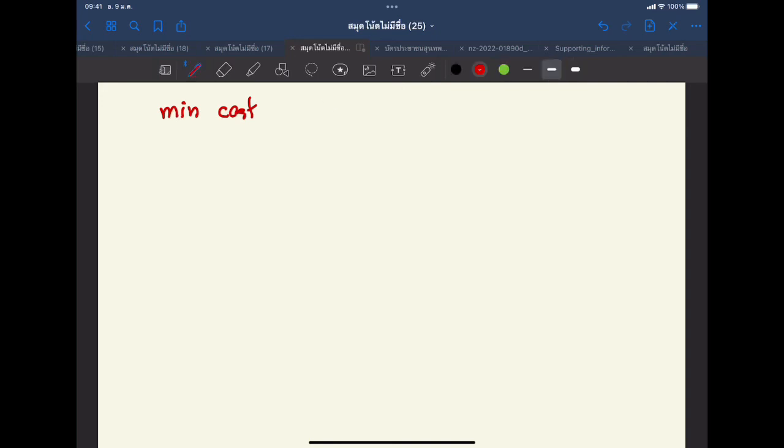The decision variable is xij again. Okay, xij represents the amount of material flowing from i to j.